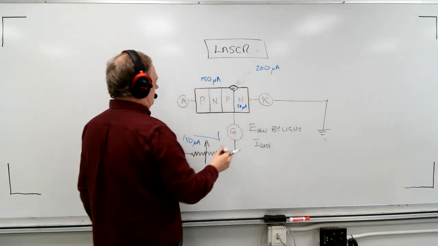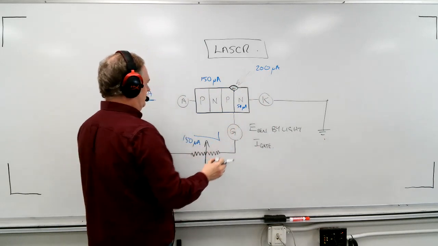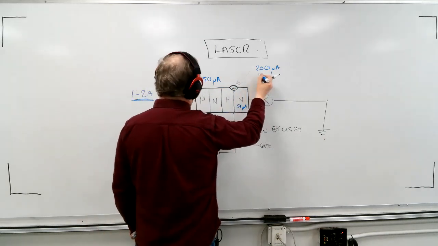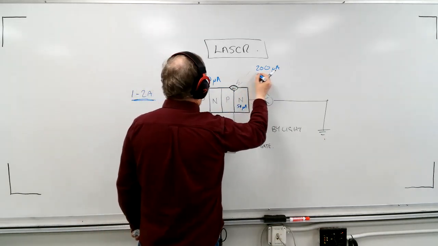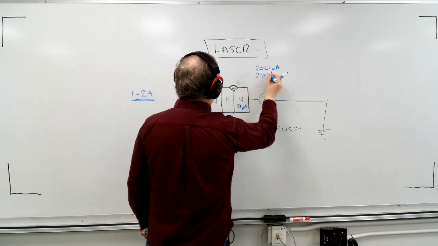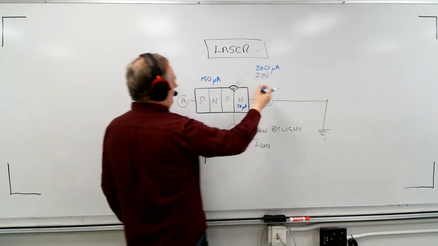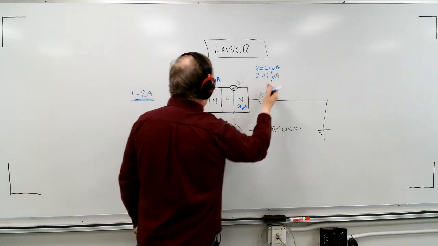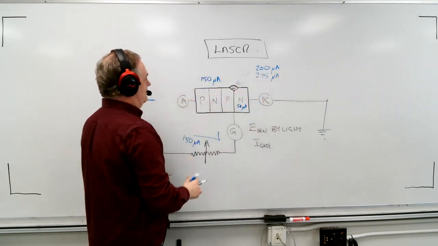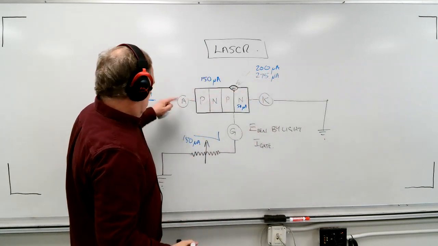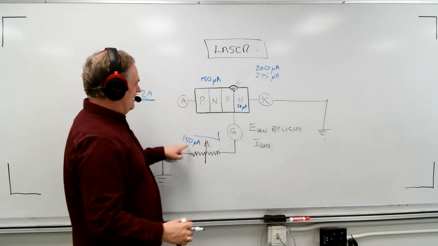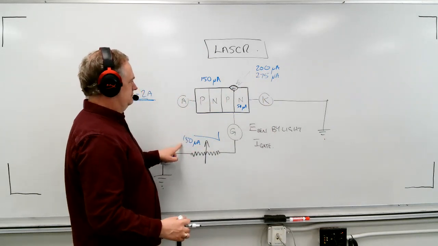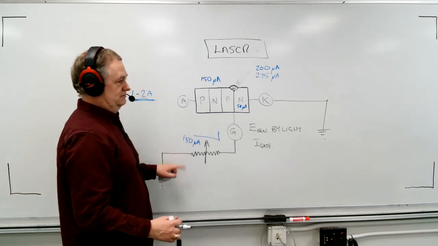And this is going to go up to, I'm going to say, 275 microamps worth of light. Now, okay, so this has gone up. Now we're getting 275. Well, if this is set to drain off 150, how much is left?